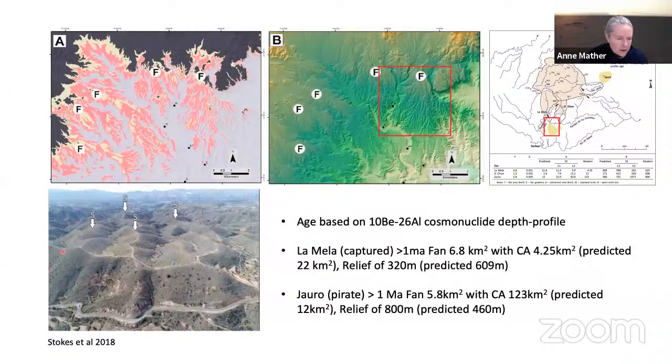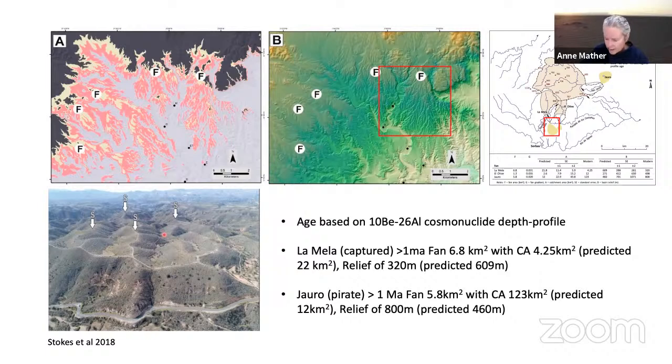And this is what it looks like using a drone. If you were to stand at the top of the fan looking to the south, you can see the ridges. These would have been the original surface, or as near as we can get to it, and we still preserve the remnants of that distributive fluvial system in the landscape.